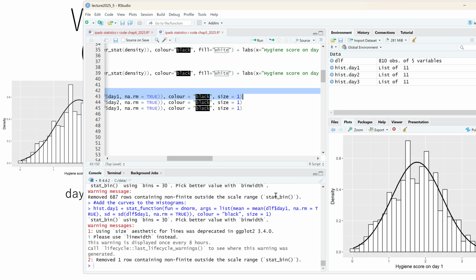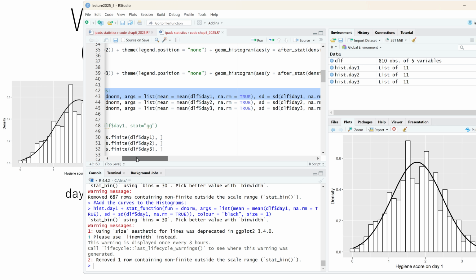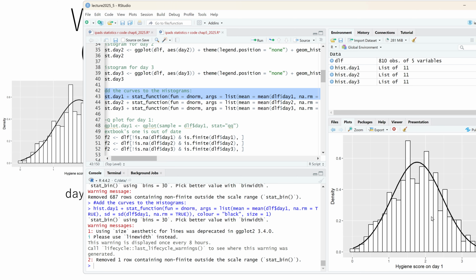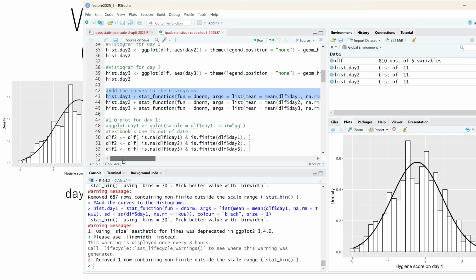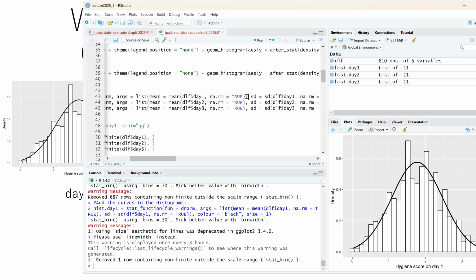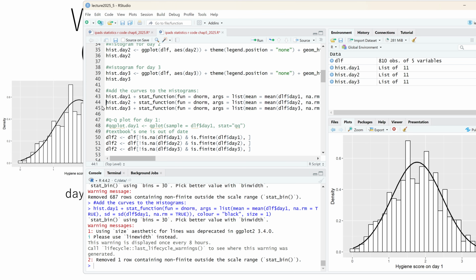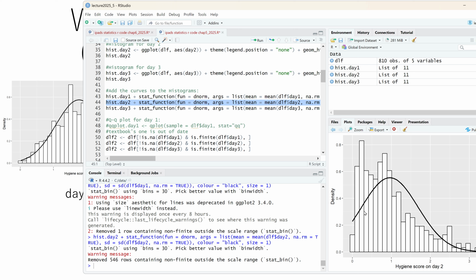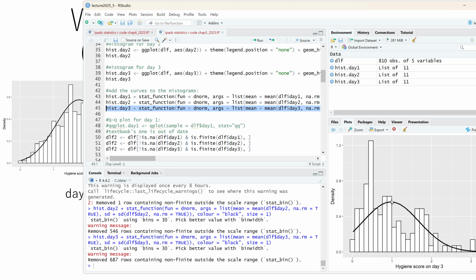This curve is based on the mean of day 1 data and the standard deviation of day 1 data, because we set it like this. It is the same for a different day. Row 44 we run, then we get like this. The mean is here.